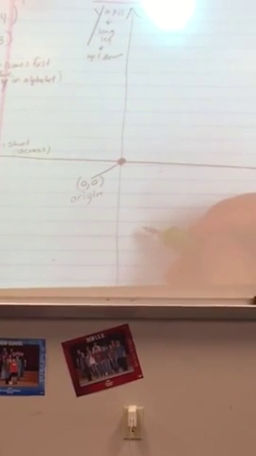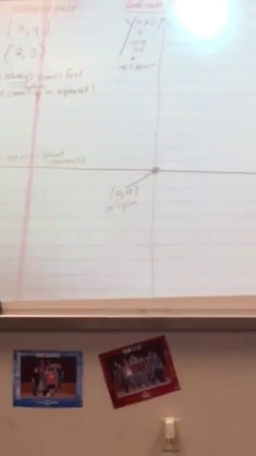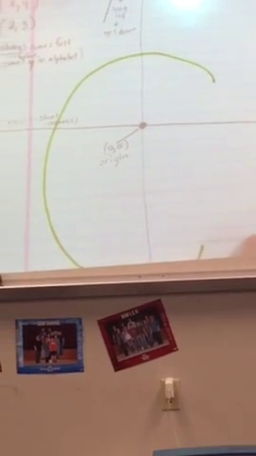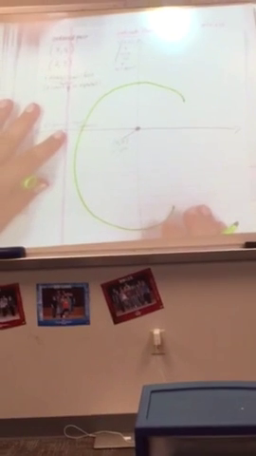Then in the coordinate plane, you're going to have some quadrants. There are 4 quadrants. You can remember what order they come in if you make the letter C. I'm going to make a big letter C on my coordinate plane. This helps you remember the quadrants.